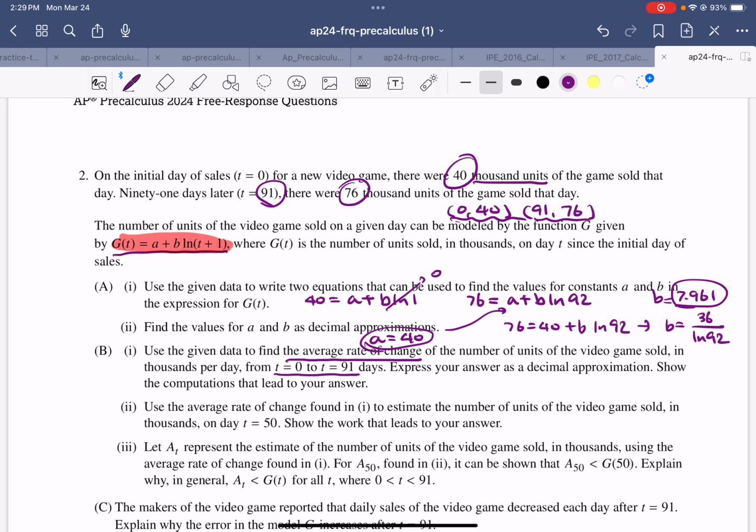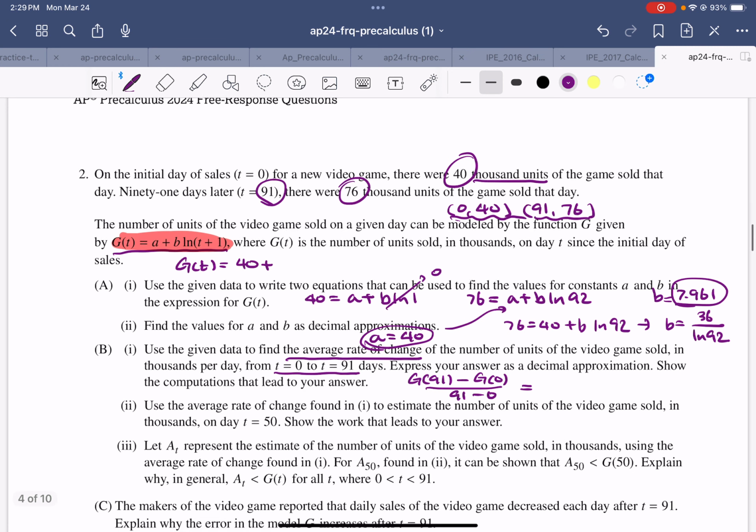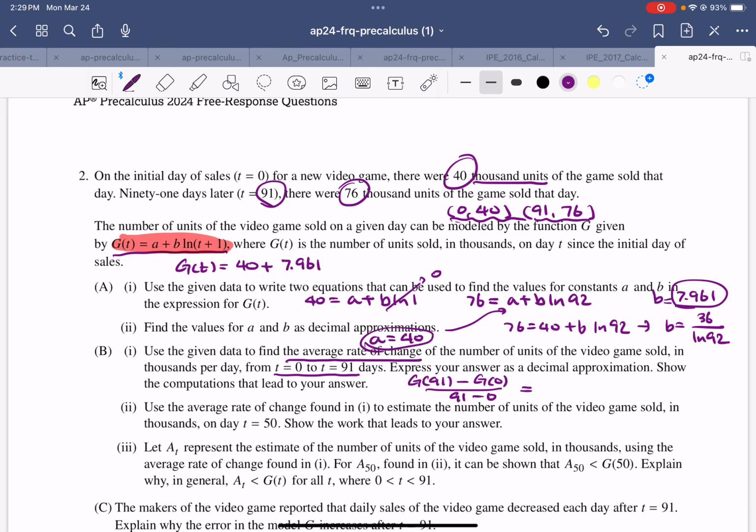Your average rate of change from 0 to 91 is g of 91 minus g of 0, over 91 minus 0. We already found g because we already found a and b. Let me write down here: g of t equals a, which was 40, plus b, which was 7.961, times ln of t plus 1.